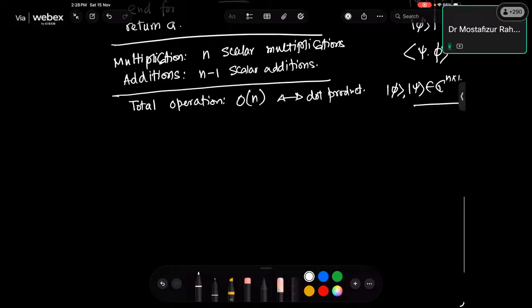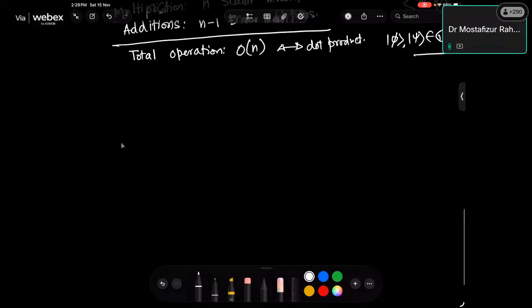And you may now ask me why the vector dot product is so important, right? This is a very, very simple algorithm or method, but why is it so important? So let's give an example. Suppose you are classifying two objects, ferromagnetic or antiferromagnetic object, right?